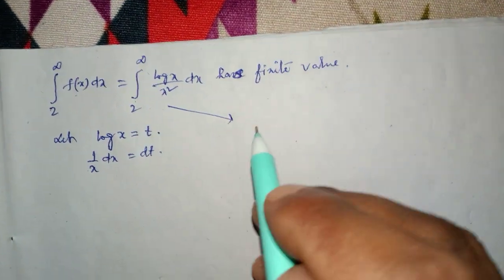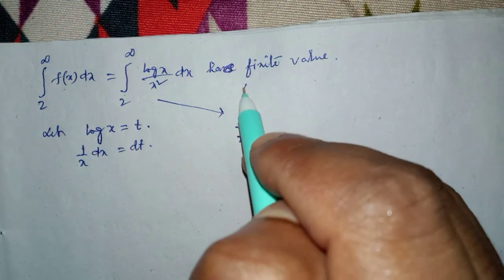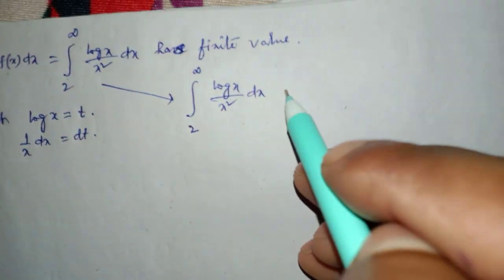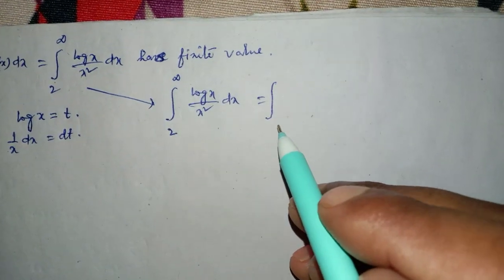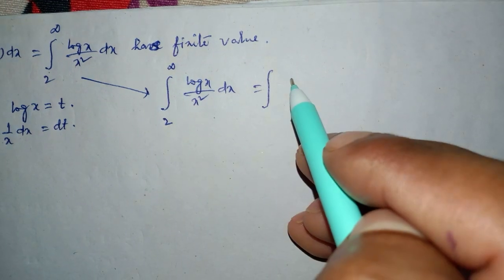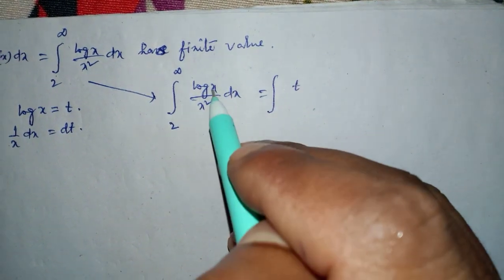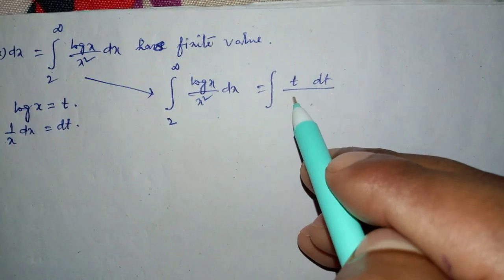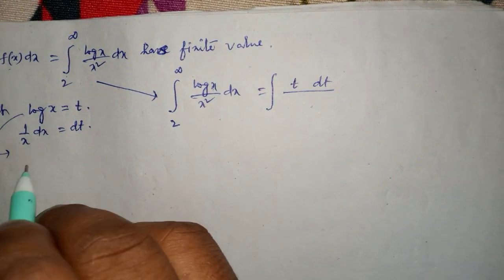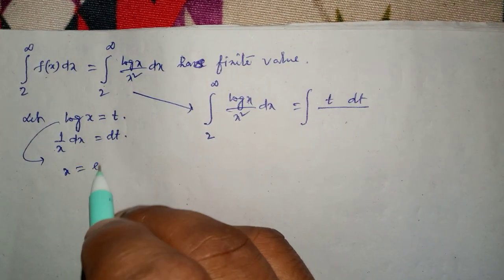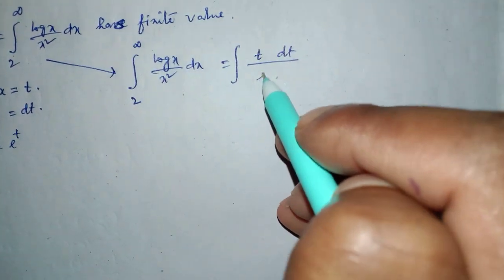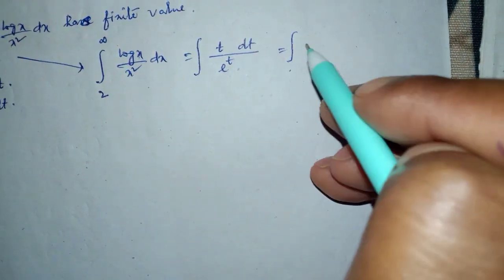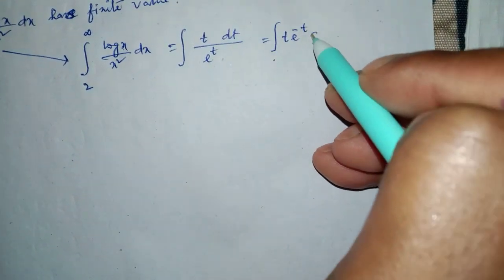So from here, integration 2 to infinity log x by x square dx is equal to integration of 1 by x into 1 by x dx, means dt by x, and from here x is equal to e to the power t. So here it is t e to the power minus t dt.